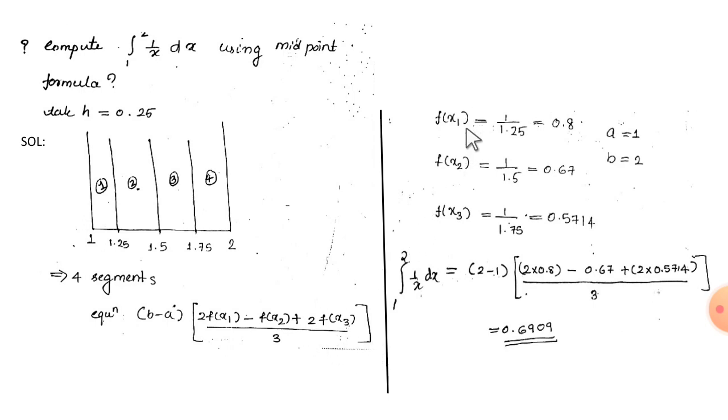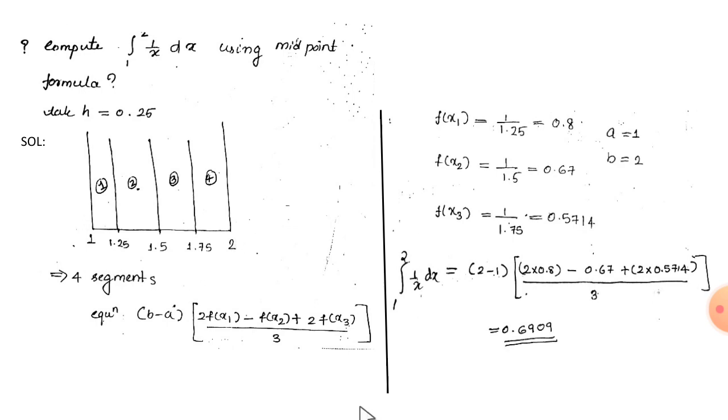So f of x1 will be what? f of x1 equal to 1 by x. So that x value is nothing but the point between the segments; this is f of x1, this is f of x2 and this is f of x3. 1 and 2 are the end nodes.